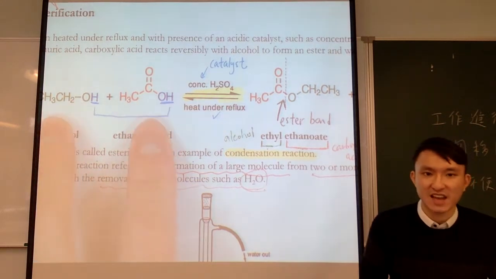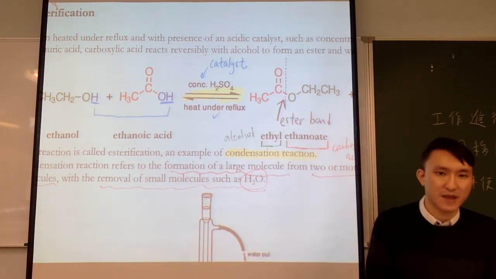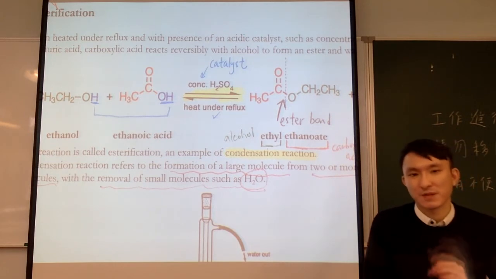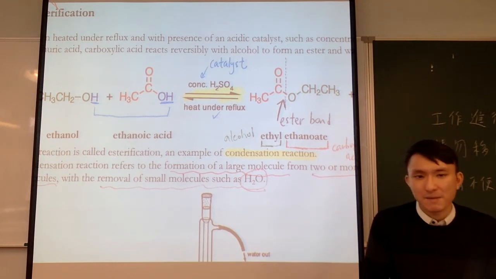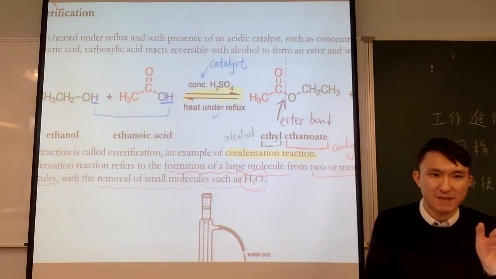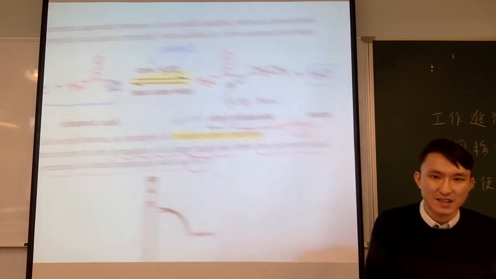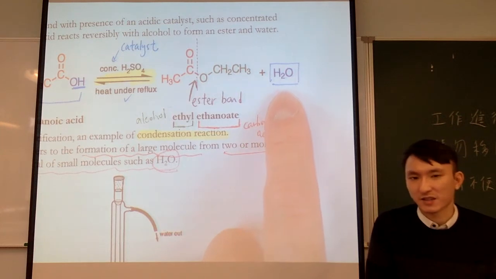Probably if you have 10 and 10, at the end you get maybe three esters and three waters. This is what reversible reaction means. But this reversible reaction can be affected if you take away the products. You see, water is one of the products, right?